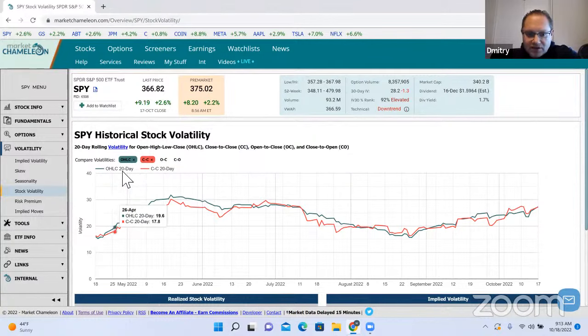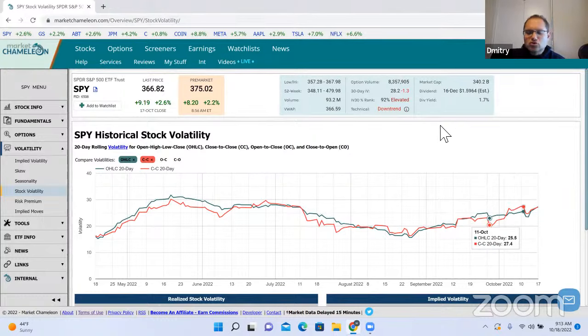And these are 20-day vol, okay, over the last 20 days. The close to close only uses the previous day's close to the next day's close. Only 2 prices, figures out the log returns, and calculates the volatility in the stock.